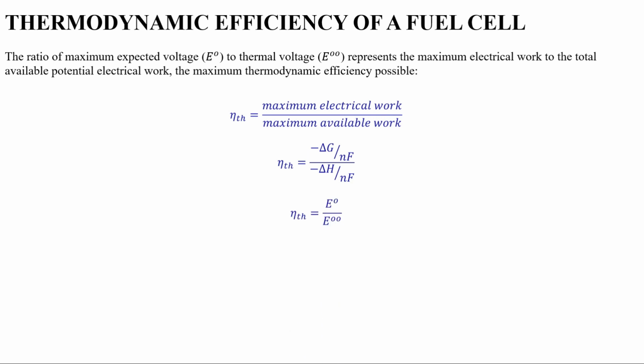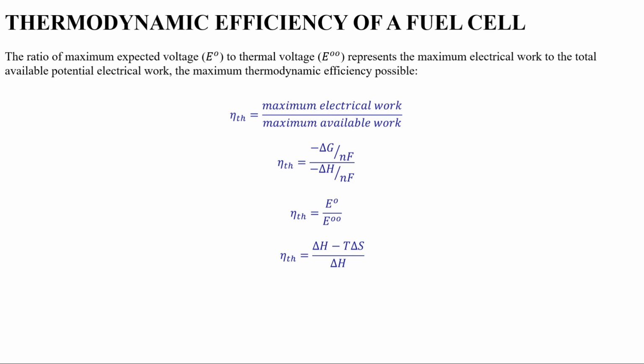Or we can write thermodynamic efficiency as the ratio of E naught over E double dot, meaning the ratio of maximum expected voltage to the thermal voltage. By simplification, we can write (delta H minus T delta S) over delta H. We have replaced delta G by delta H minus T delta S, considering a constant temperature process.